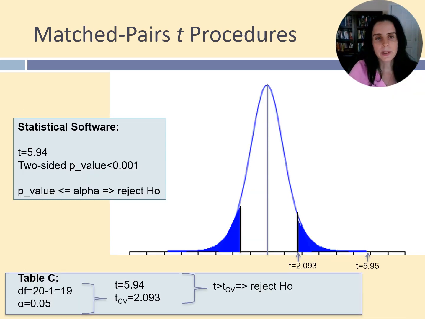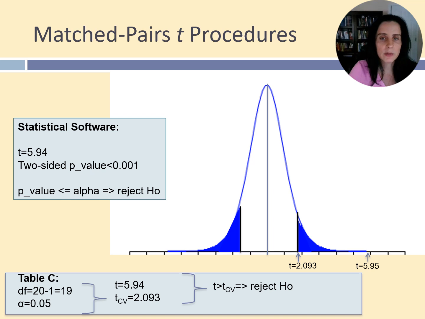If we are using statistical software or calculators, we can automatically obtain the p-value for the test statistic. When t equals 5.94, calculators or statistical software show that the p-value approaches 0. This value is obviously smaller than alpha, which is typically set at 0.05, so we can reject the null hypothesis.